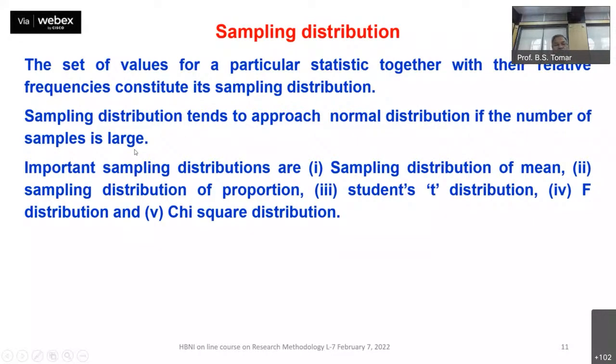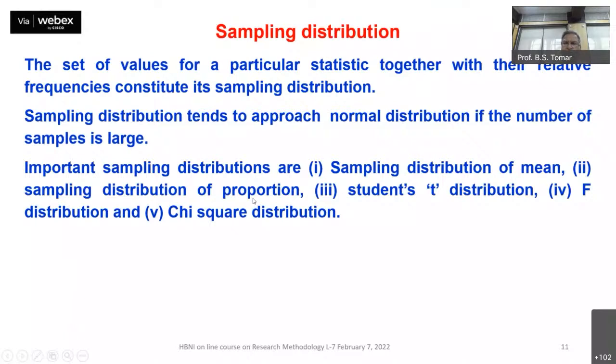So the idea is to arrive at the information about the parameters from the statistics. If you are able to achieve the normal distribution, then the sampling distribution gives the data about the parameters. There can be a sampling distribution of mean, and a sampling distribution of proportion.